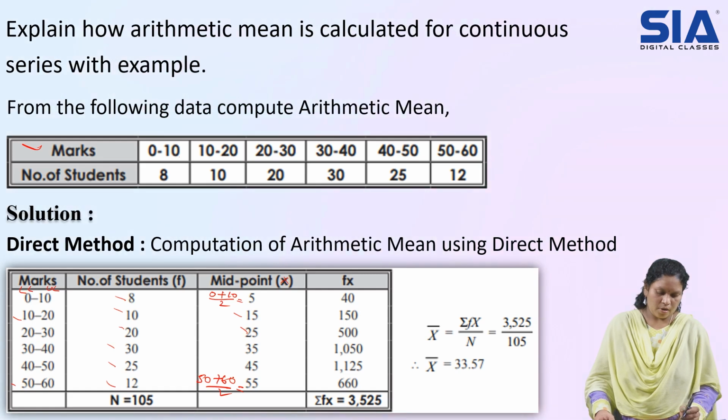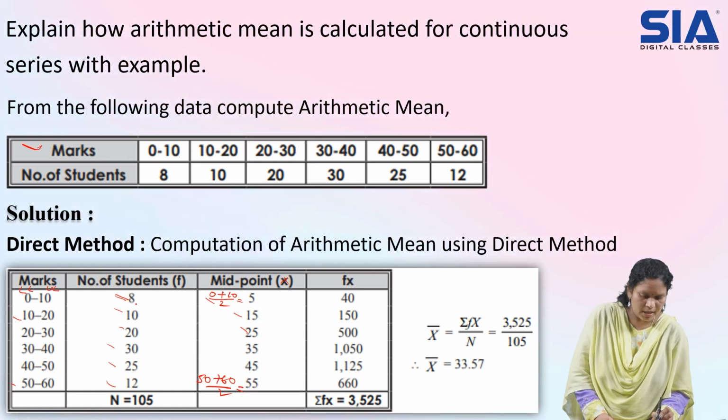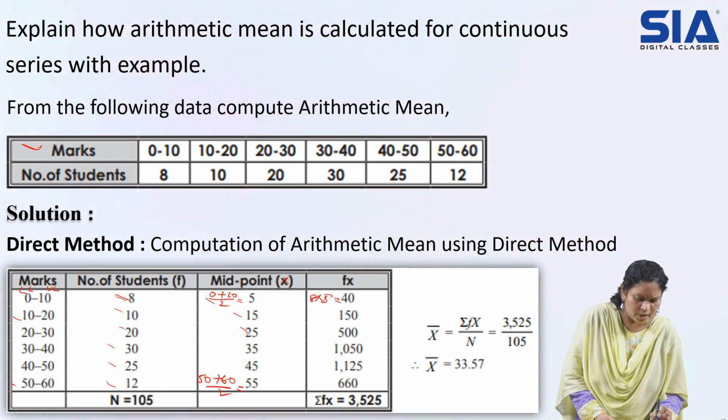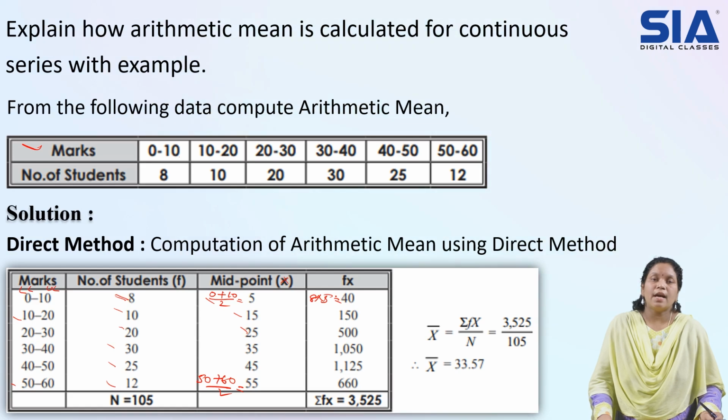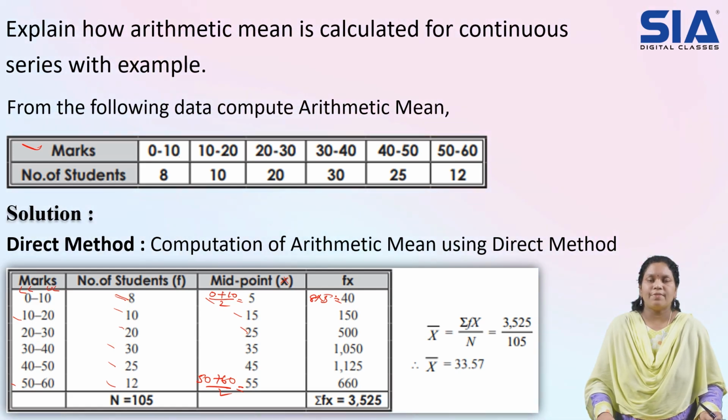Now we have the frequency column, the F column, and the midpoints column, the X column. Now make another column as Fx. For Fx, simply multiply each frequency value with its midpoint value, that is your x value. So 8 into 5 is 40. In that way, we multiply the second column and third column to get the Fx column.